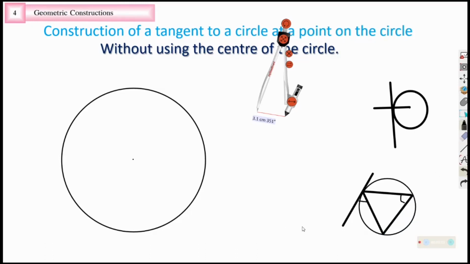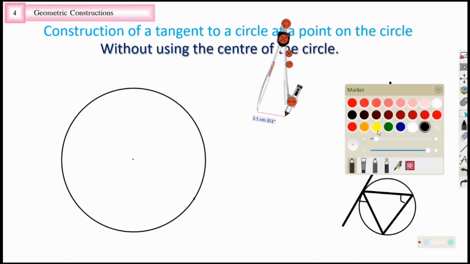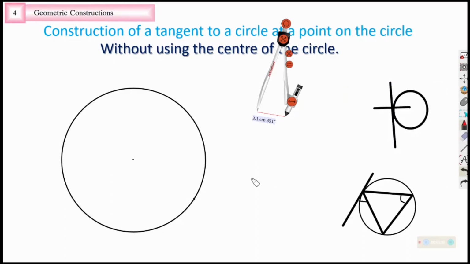So we will think in that direction to solve the situation here. We wish to make a tangent to the circle through this point, suppose, through this point. I am marking it here. This is the point through which I wish to draw a tangent.